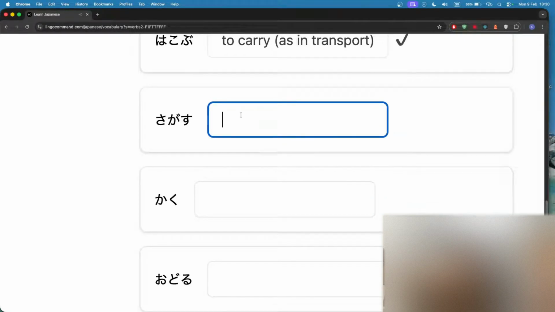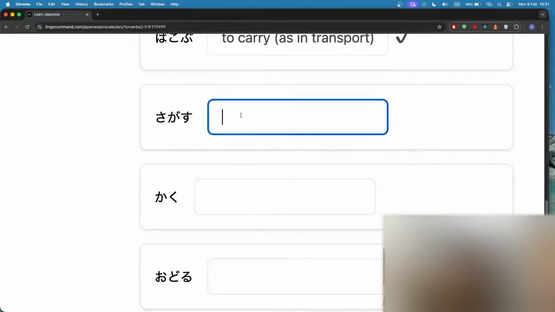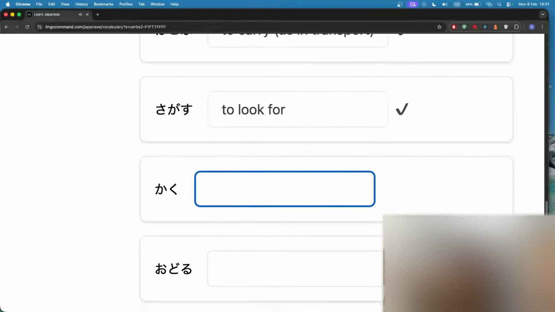Chigau. No, it's not chigau. It's sagasu, is what it says. So that means to look for. And I wanted to point out, sagasu is what you'd use if you were looking for something but you haven't found it.